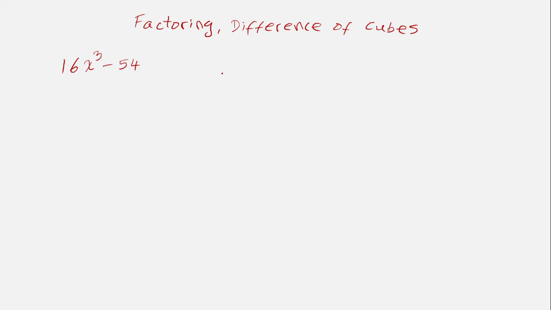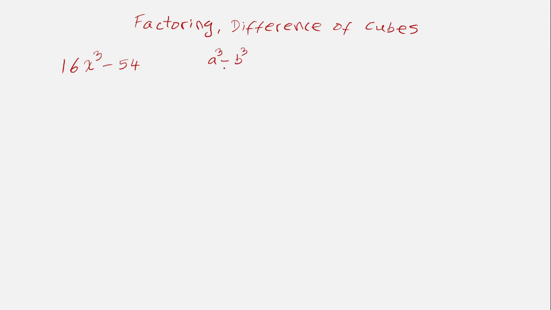Let's factor a difference of cubes. So for difference of cubes, we actually have a formula that we should follow. Difference of cubes simply means one cube minus another cube.